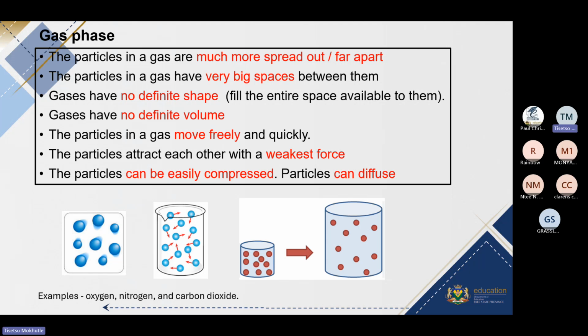Because we can see that the space is so far apart between the particles. The particles can be easily compressed. So you can compress any gas into a small container. Examples of the gases are oxygen, nitrogen, and carbon dioxide.